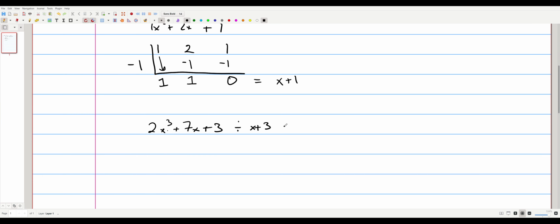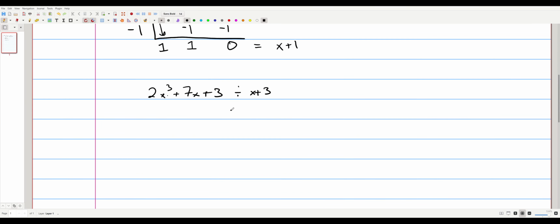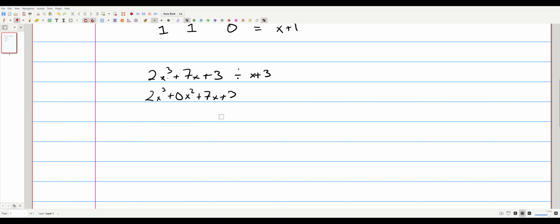And so using synthetic division, what we're going to do is just write the coefficients of this term. So we have a 2x cubed. We don't have an x squared, so what you should be doing is putting a 0 in its place as a placeholder, just like we did for long division. So 2x cubed, right? And so I can rewrite this: 2x cubed plus 0x squared plus 7x plus 3. And so when we set up our synthetic division, we're going to have 2, 0, 7, 3.